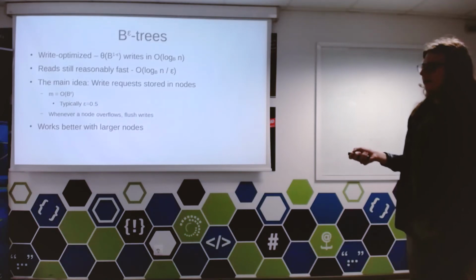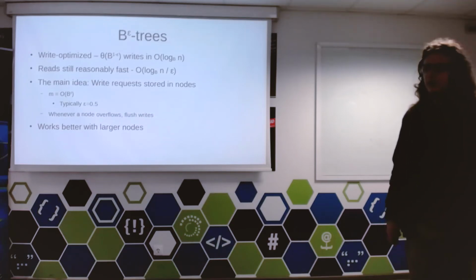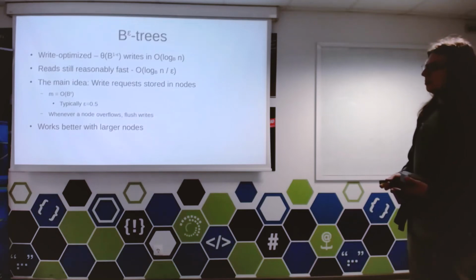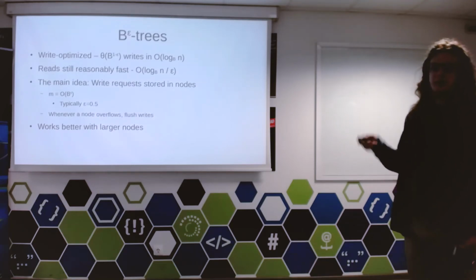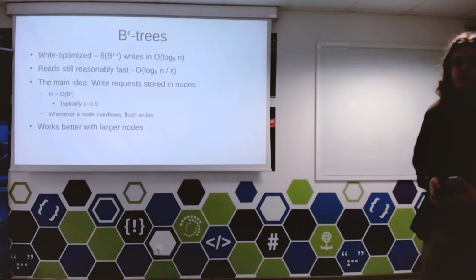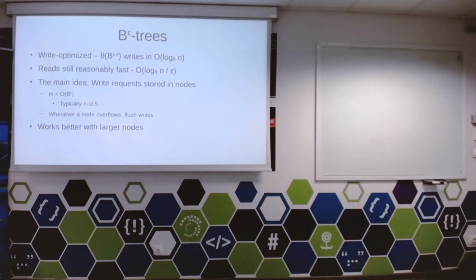So the m you would use is about the square root of the value of m you use in a regular B-tree, which means that the height of the tree is 2 times larger. So yeah, reads become 2 times slower, but we'll see that writes become quite a bit faster. In this case, square root of B times faster.